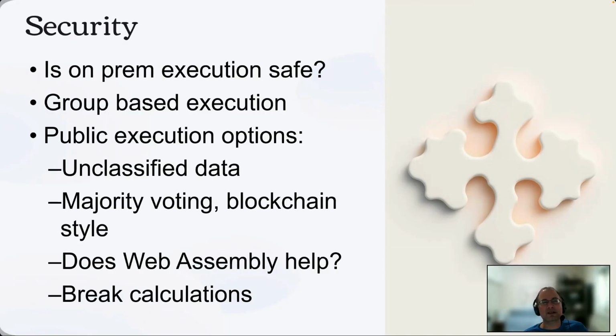We can even group our machines into groups. For example, maybe the financial department with all my computers will only run financial related workloads or not, right? So some workloads can be run across the company. Some are more discrete.